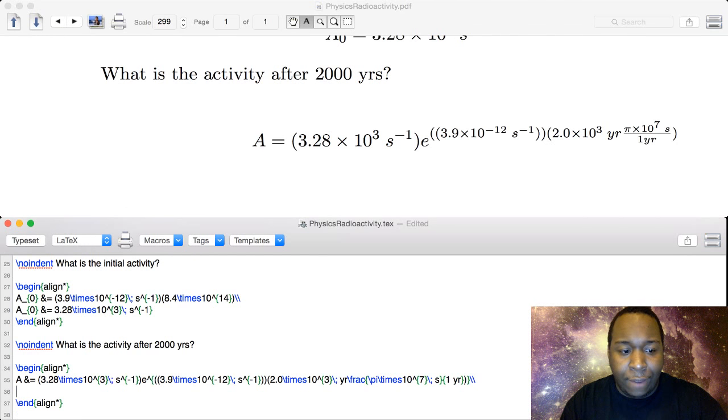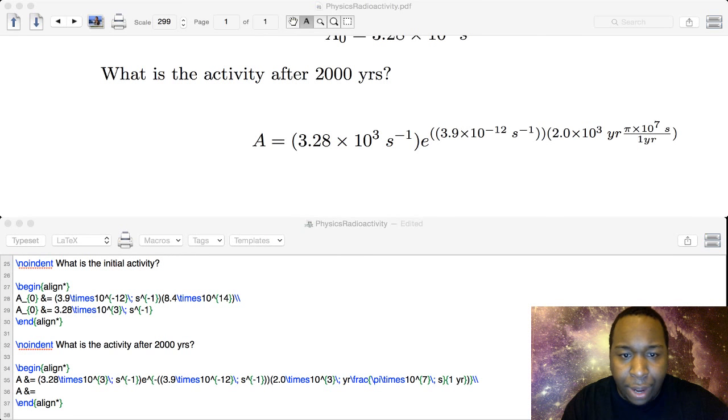So the activity value should end up coming out to be... did I forget something else? I feel like I forgot something. This is a decay, so I think I forgot a negative sign. I think I forgot a negative sign there.